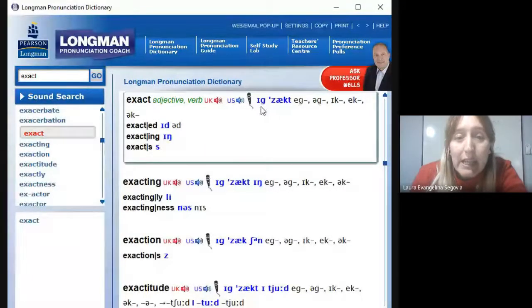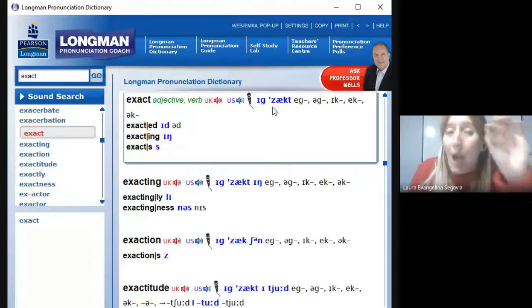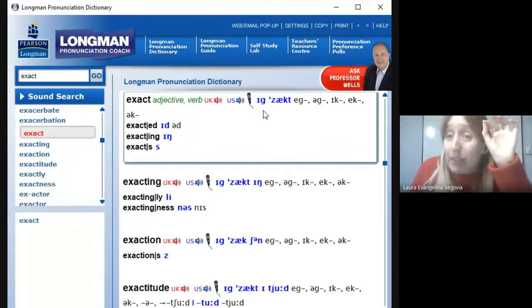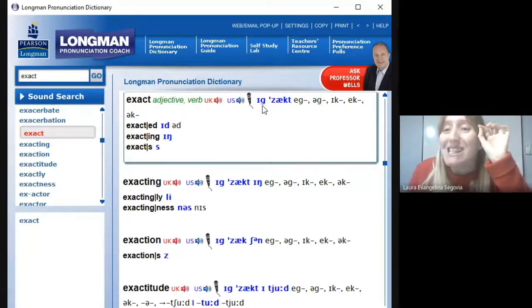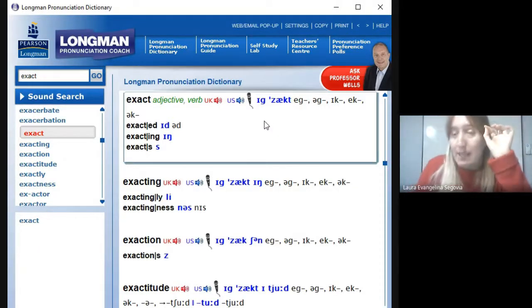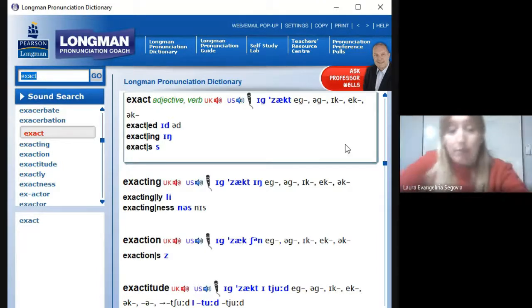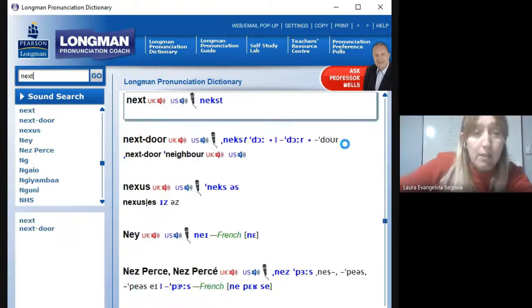Okay, here. You see this word? Exact. It's the G sound. Why do I know that it's G before Z? Because G is voiced and Z should be voiced.